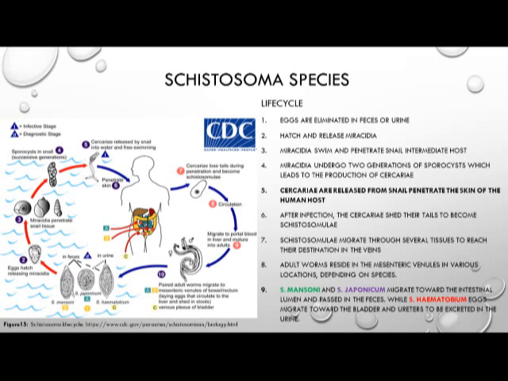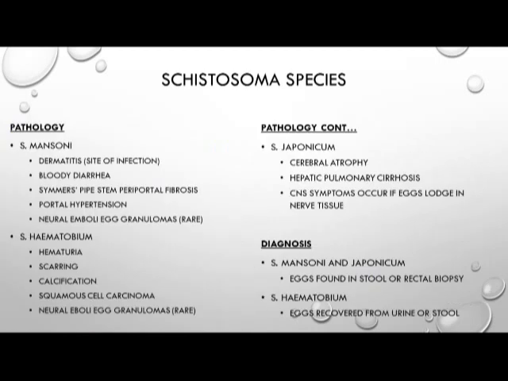The adult worm will then travel through the mesenteric venules and, depending on the species, migrate to where it will begin to develop. For Schistosoma mansoni and japonicum, that migration will lead it to the intestinal lumen, where it's passed in the feces, while Schistosoma haematobium is going to migrate to the bladder and the ureters, where you find that organism in the urine.